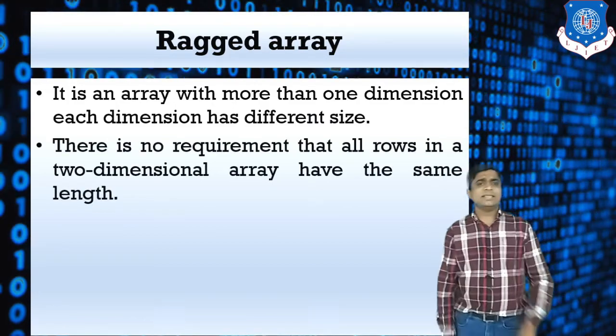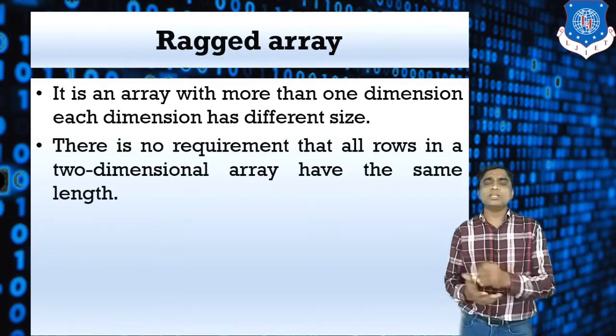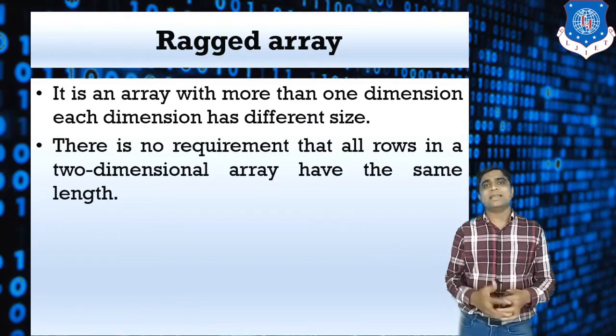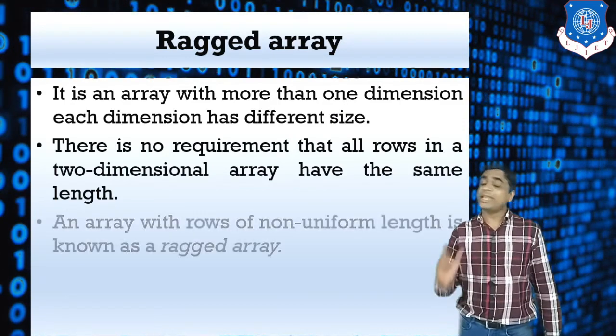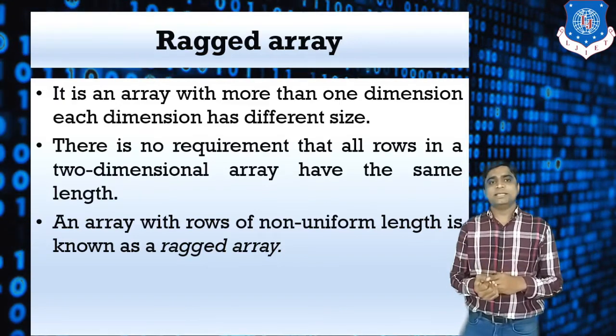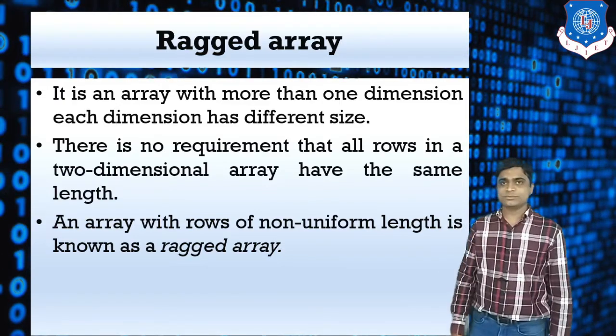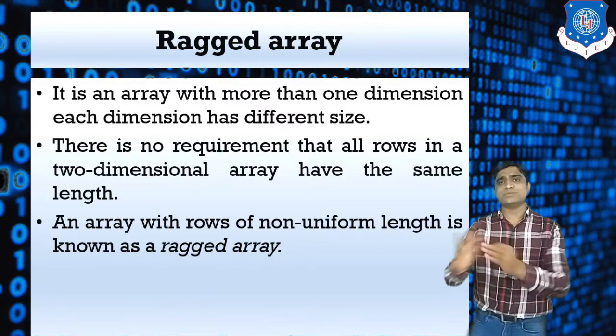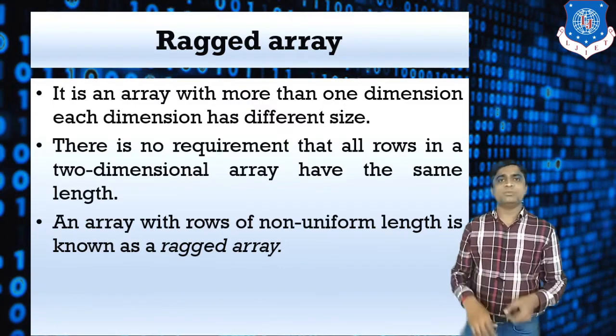There is no requirement that all rows in a two-dimensional array have the same size. So an array with rows of non-uniform length is known as a ragged array. These are the types of the array. I will explain them with the program.